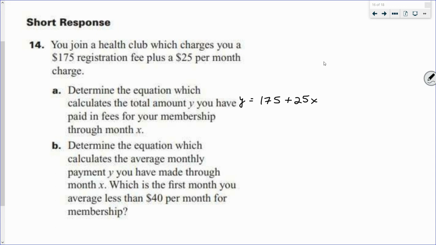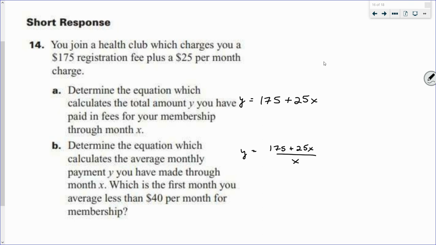Determine the equation which calculates the average monthly cost. So if x is a month, we're going to take all this total cost and divide it by the total number of months. It says, which is the month you averaged less than $40 per month for the membership.